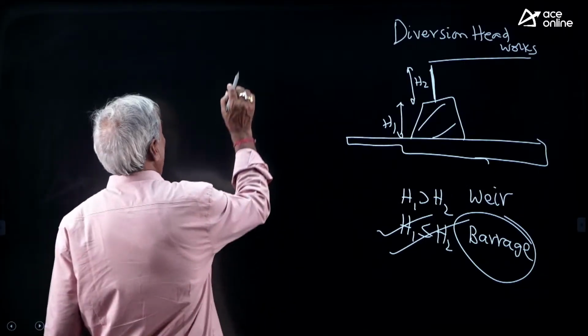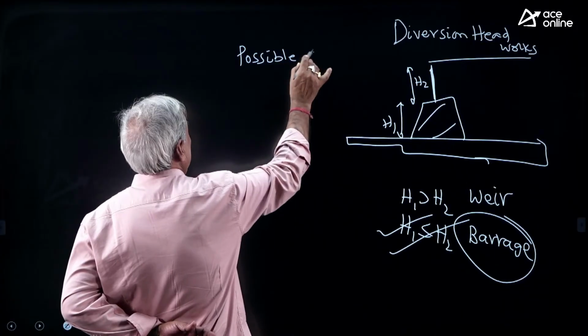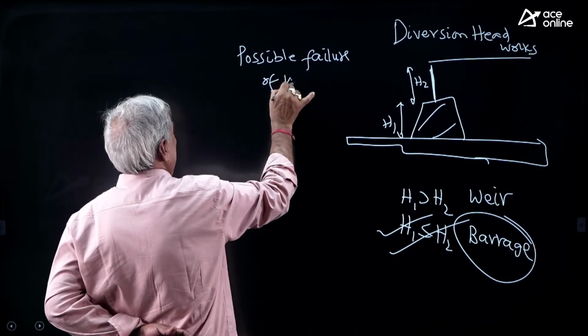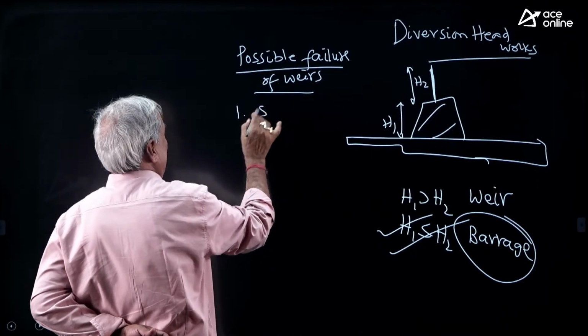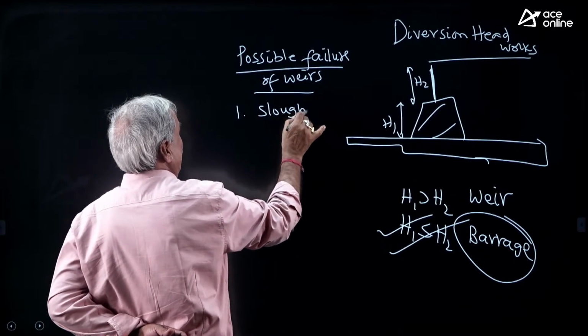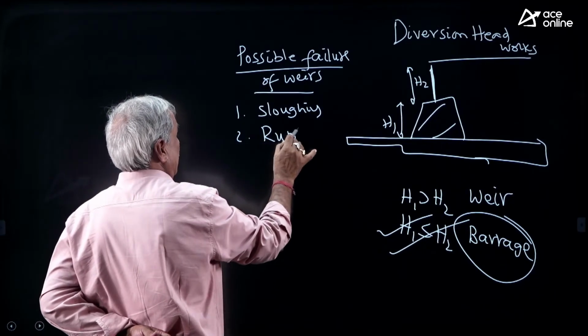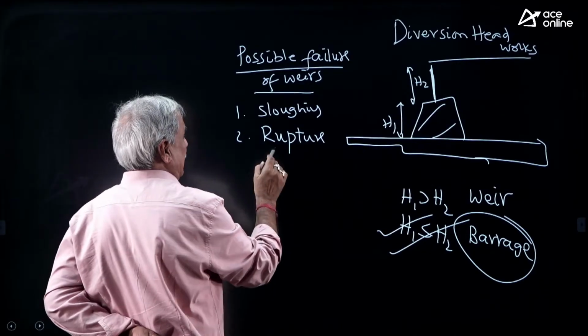What are the possible failures of the weirs? About the 5 possible failures you must understand. First failure is sloughing failure. Second failure is the rupture of the floor because of the improper or inferior quality of concrete.